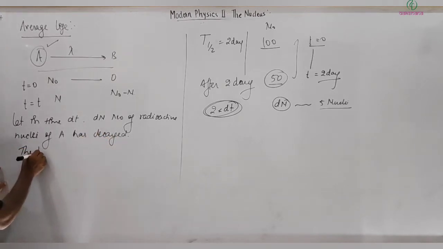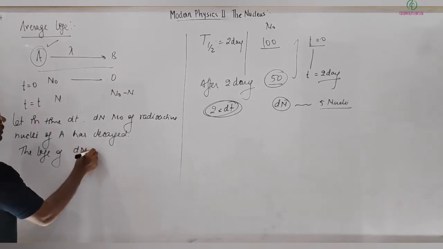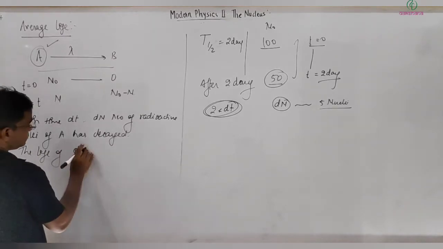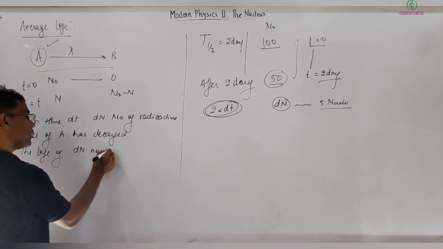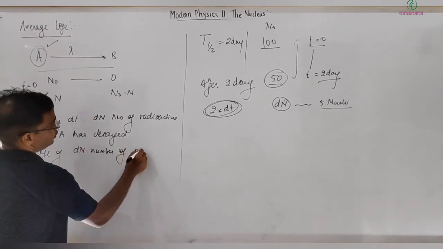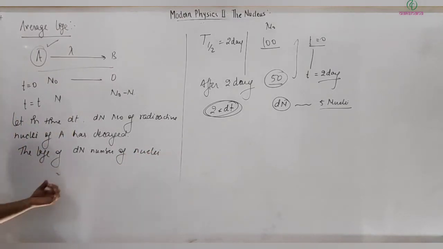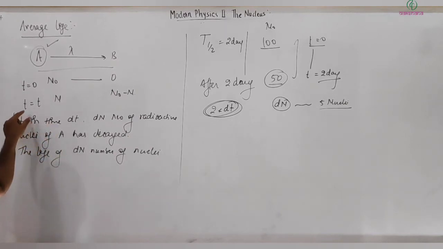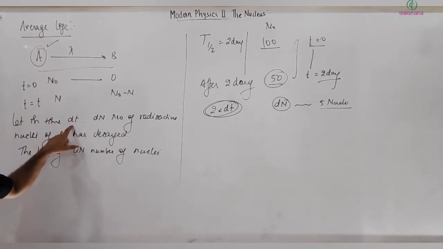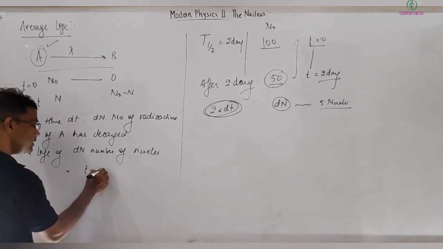The life of dn number of nuclei is equal to their life, which is T plus dt. You can write T plus dt.